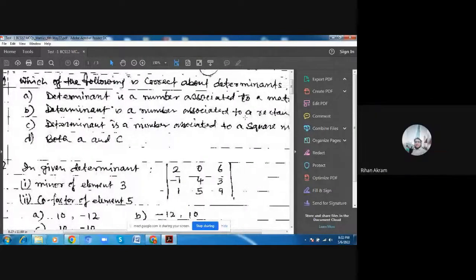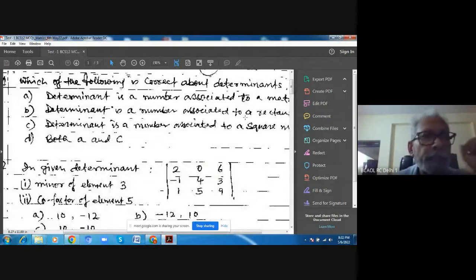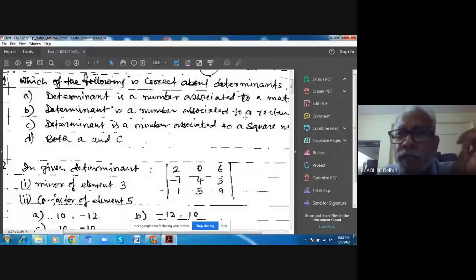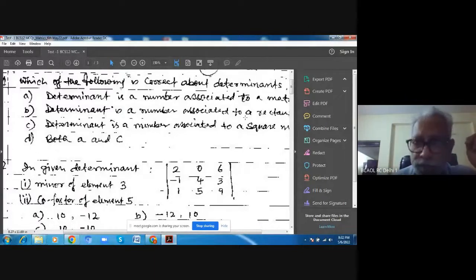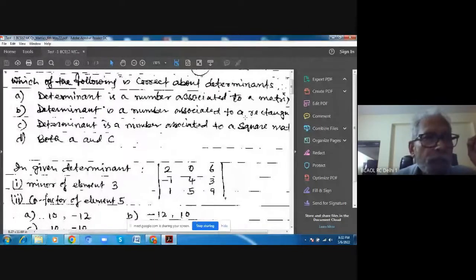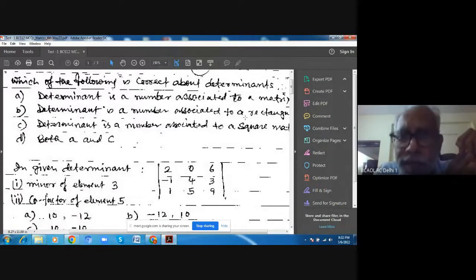The first question is saying: A, determinant is a number associated to a matrix. B, matrix is a number associated to a rectangular. C, determinant is a number associated to a square matrix. And D option is both A and C. So which is the correct answer?